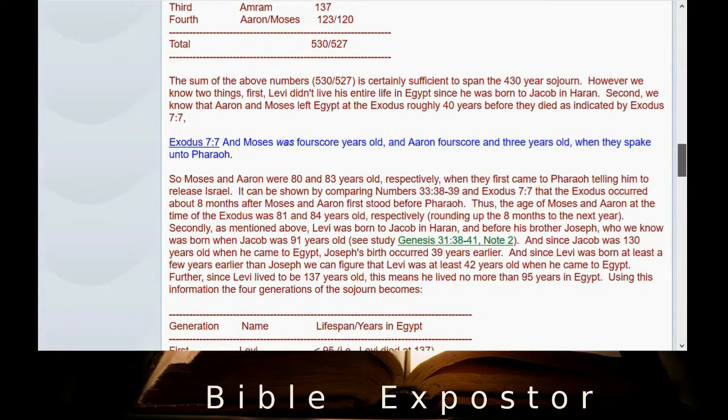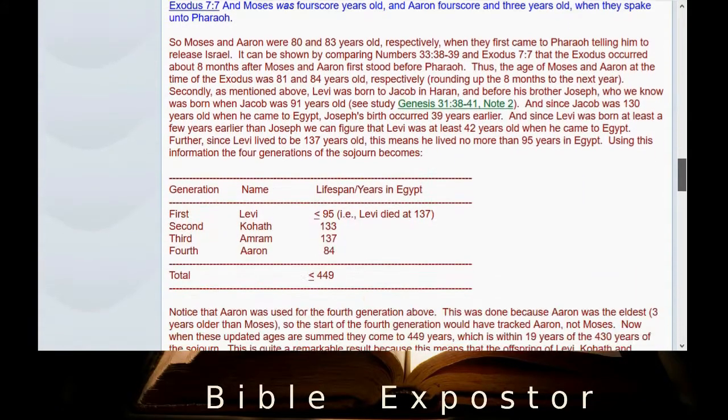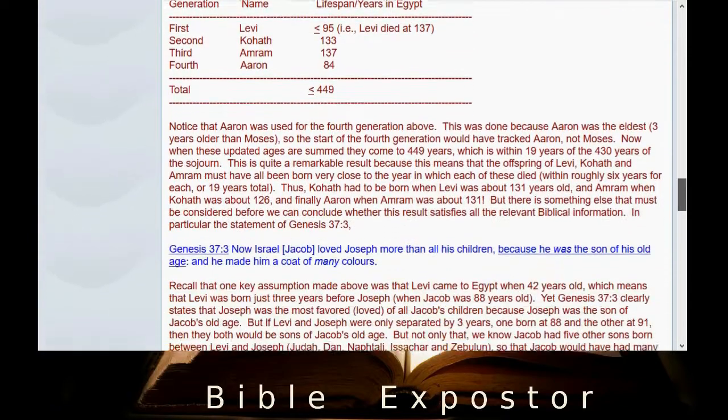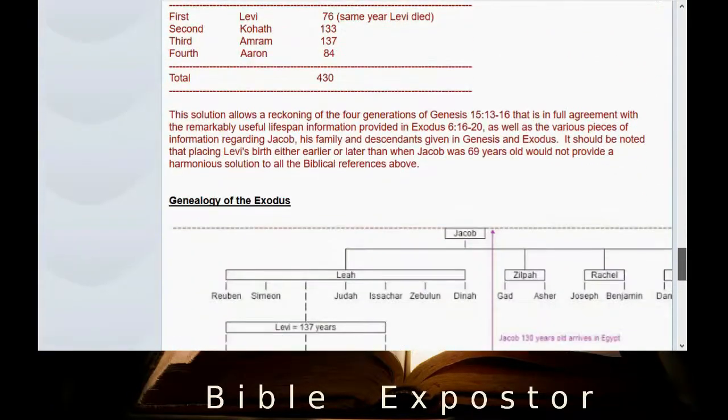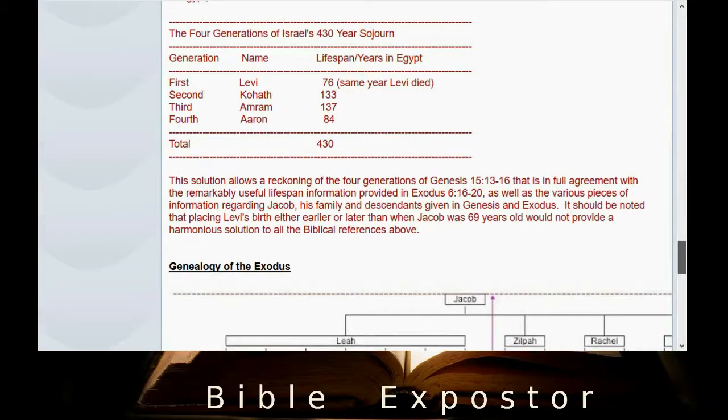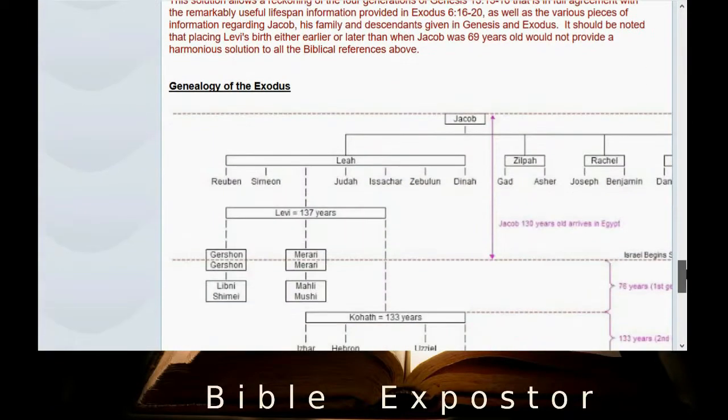And they look into possible ranges of lifespans and ages at which someone was born. And so these are all factors that people study to determine how many years. And they conclude that there were indeed 430 years from the sojourn of Israel, as they call it, from the time of being in Egypt to the time to the Promised Land.